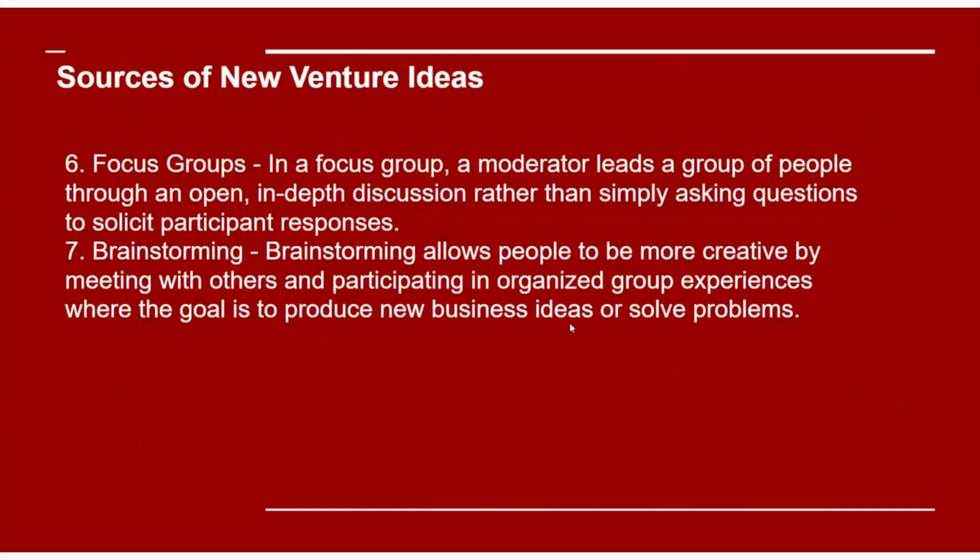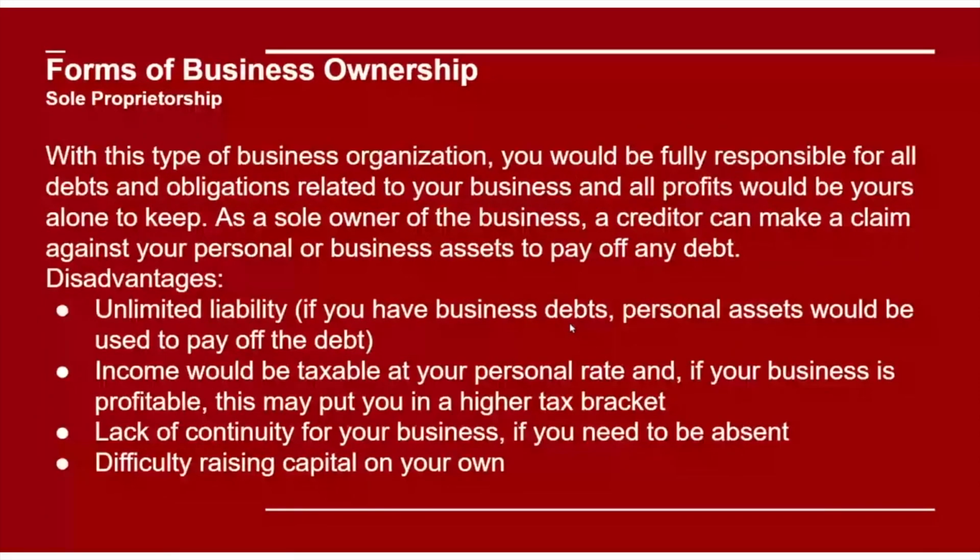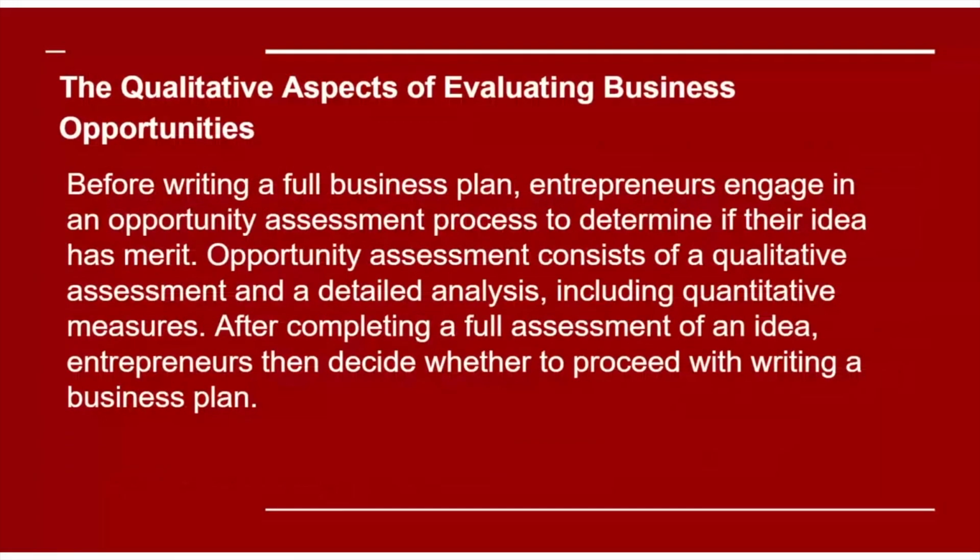So when we look at evaluating the business here, moving the business forward, we got to look at what's known as quality and quantity information. Quality or qualitative data is touchy-feely information. Is this something that has the look and feel of something that's going to be successful?